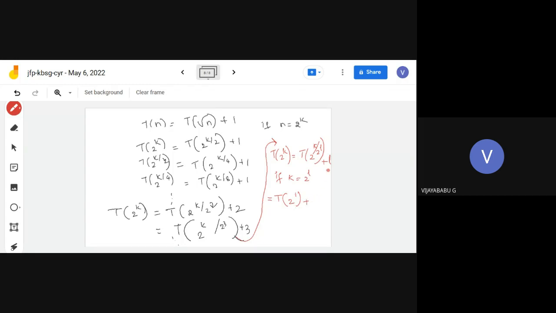And coming to here, the L part is there that we are supposed to find out. So how are you going to find out the L? When you apply the logarithm on both sides, we are going to find out the value of L. From here, we can say that L is equal to log k to the base 2.